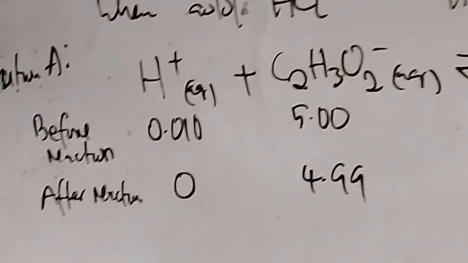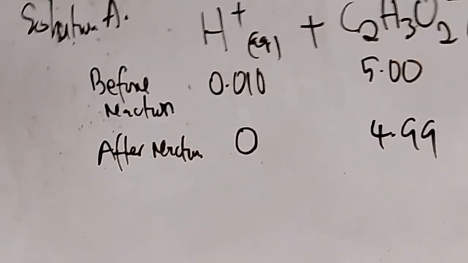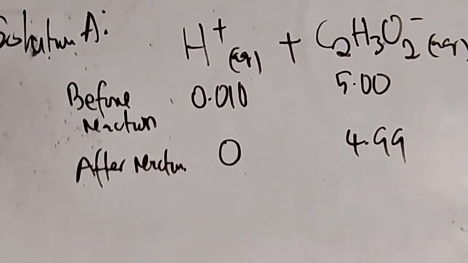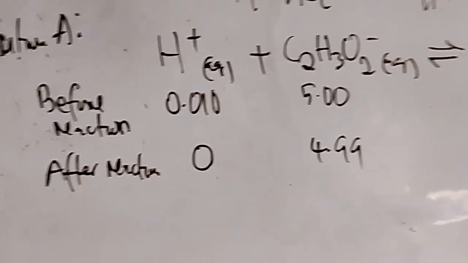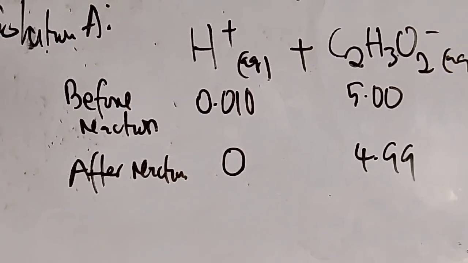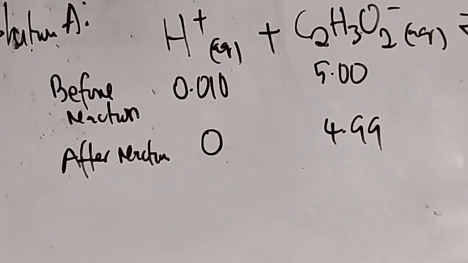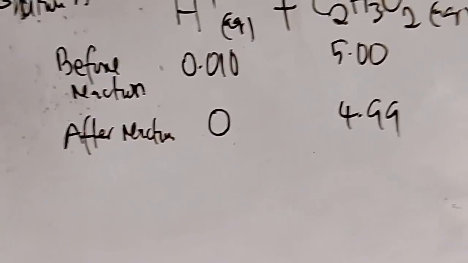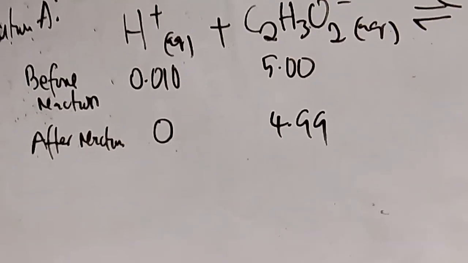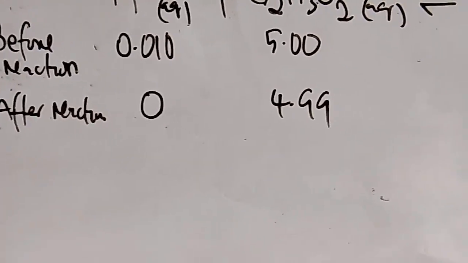Since we are adding more hydrogen ions, we expect the acidity to increase. From there, we need to determine the new pH, since we have the concentration of the base and the acid.